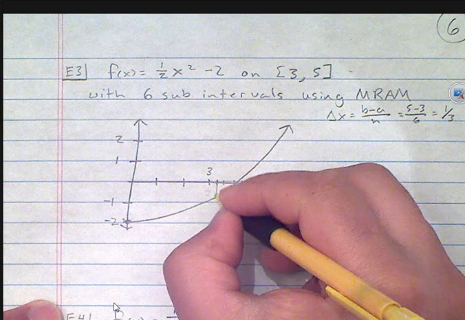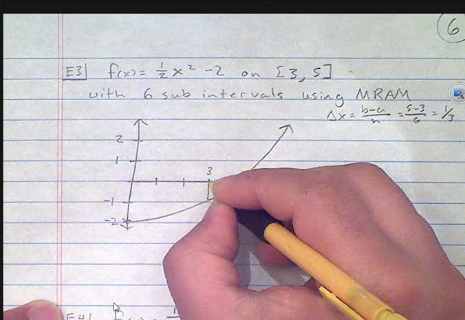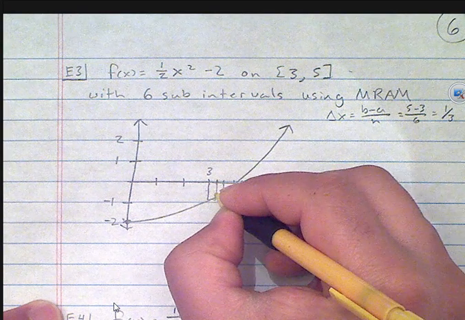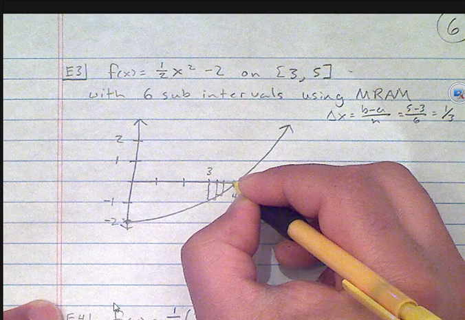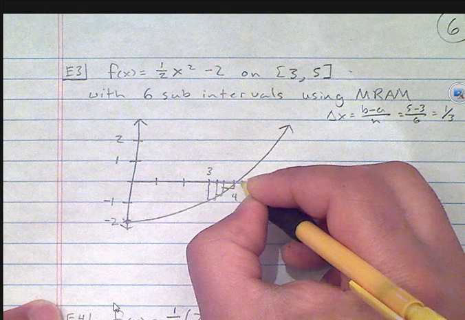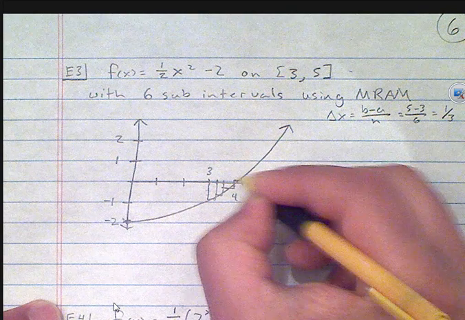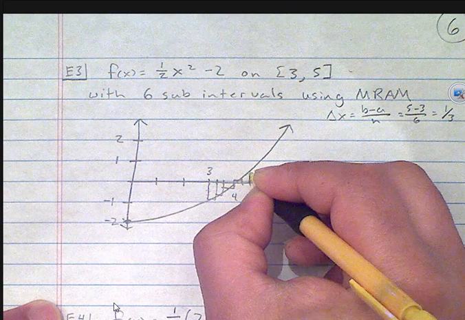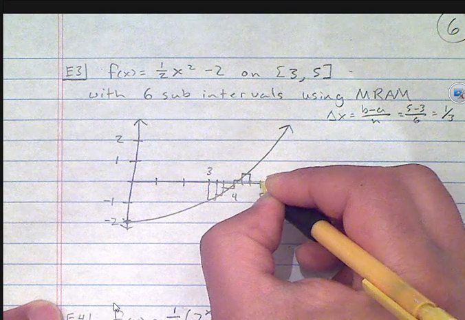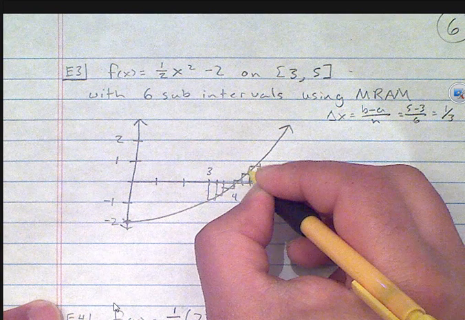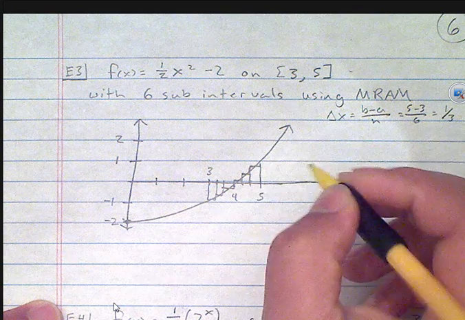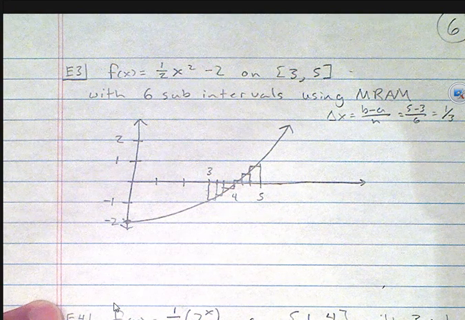So that's breaking it up into 6 rectangles from 3 to 5. And each of these rectangles intersects at the midpoint. It's hard to draw these, but just imagine that they're intersecting at the midpoint, please. Alright, so all those are intersecting at the midpoint.